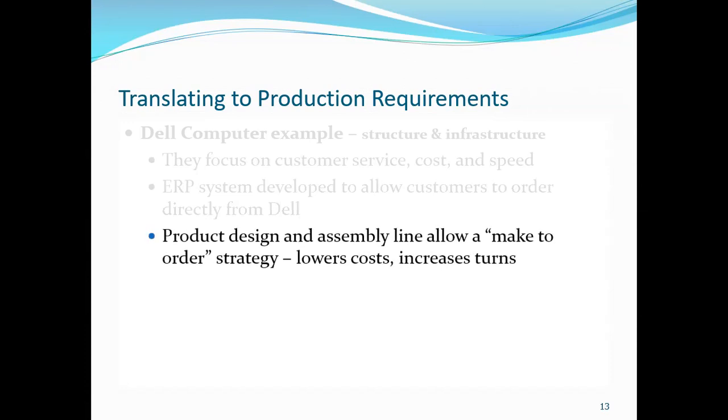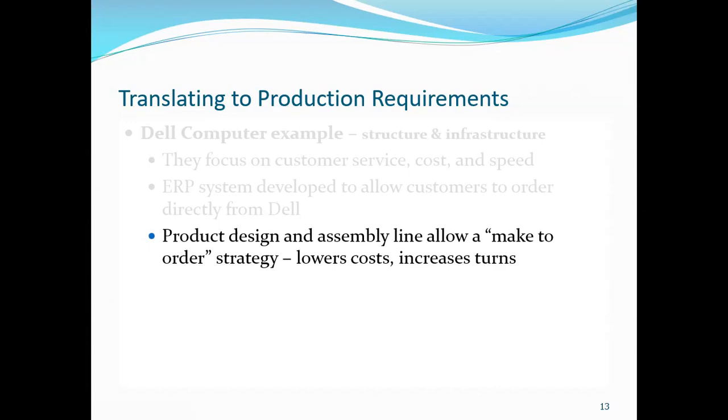So the product design and assembly line allowed a make-to-order strategy. Make to order means whatever the customer wants, you make what they order. So they lower the cost but increase turns.